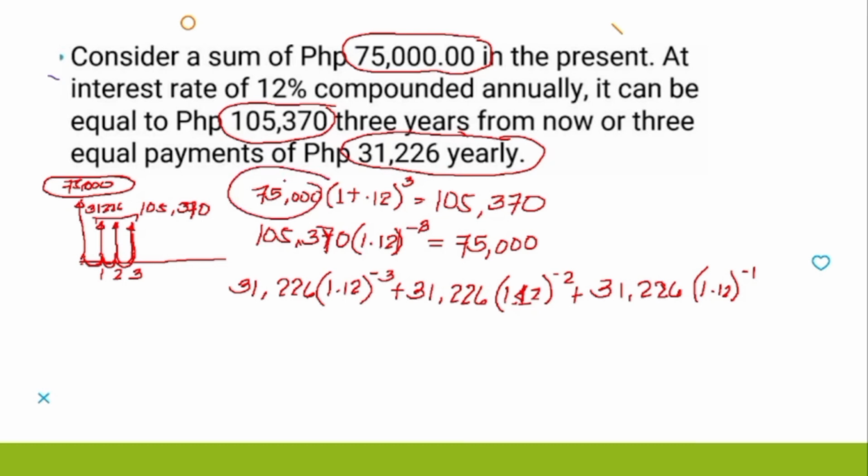Let's see. 31,226 times... approximately 75,000, 74,999.5. So this is 75,000.